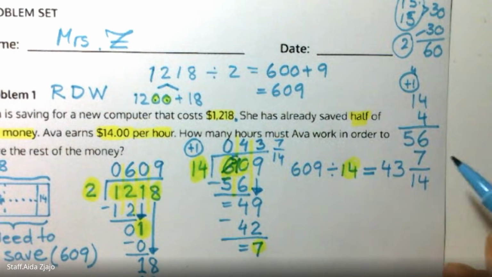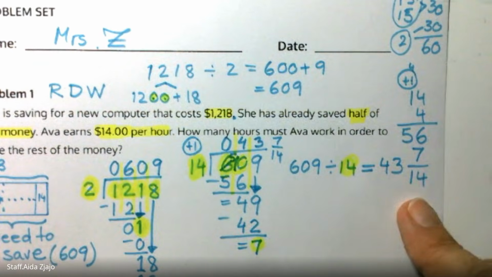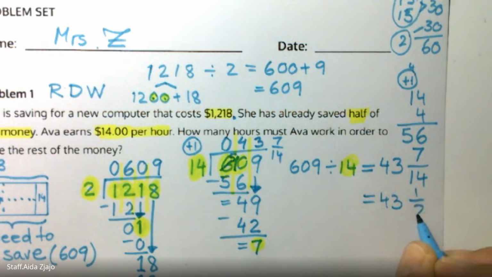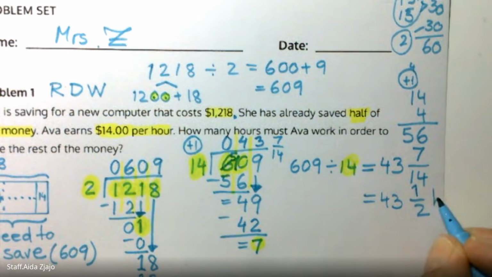But then also you know that 7 is a half of 14. So there are 2 7s in 14. So 7 14ths is also seen as 1/2. So 43 and 1/2 is our final answer.